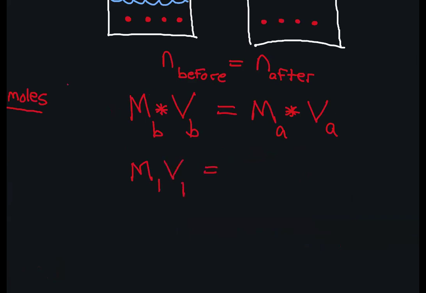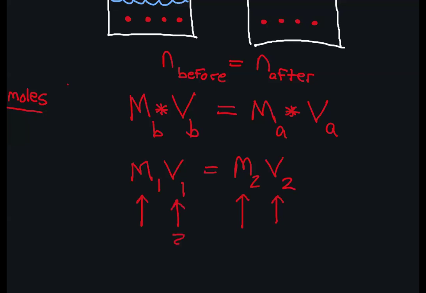So the most common way you're going to need to use this equation is by being given a stock solution that has a known concentration, and by being told, well, you need to make it at a particular concentration and a particular volume. And then from that, you can use this equation to calculate how much of the stock solution you'll need to get that solution prepared.